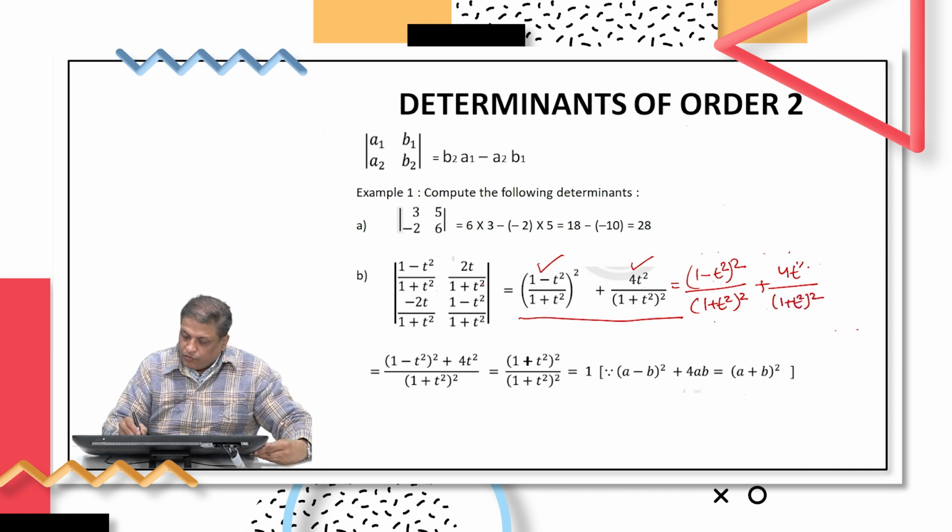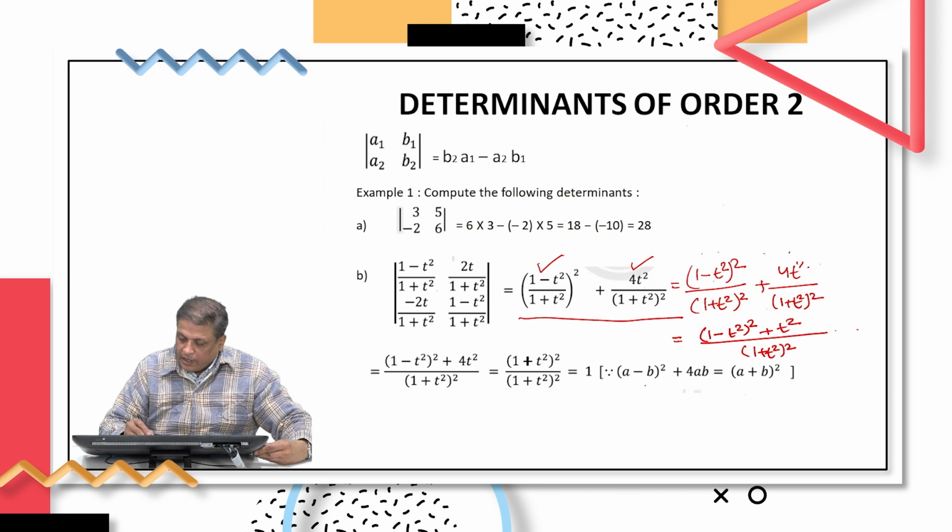Now if we take 1 plus t square whole square as common denominator, we will get 1 plus t square whole square, and we solve the expression 1 minus t square whole square plus 4t square.